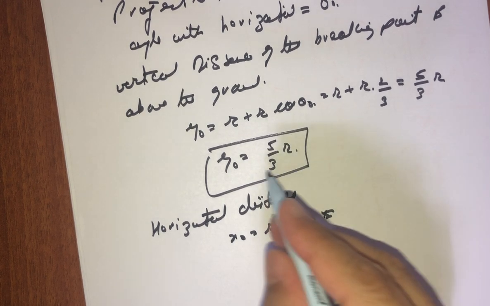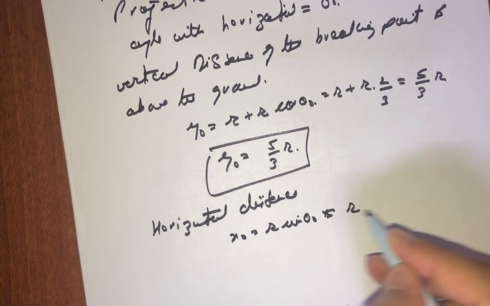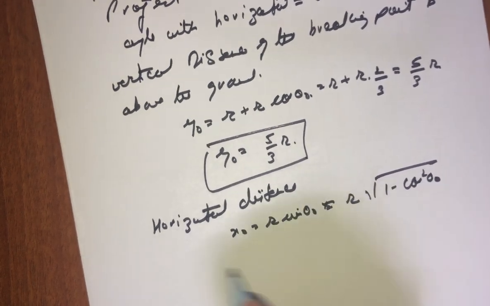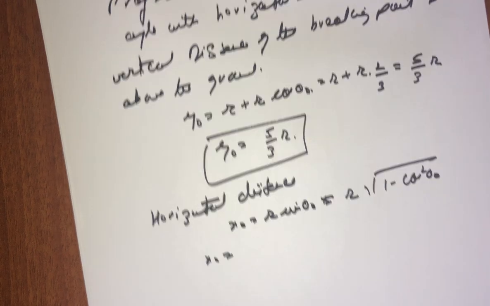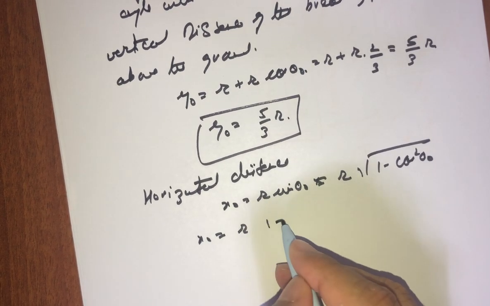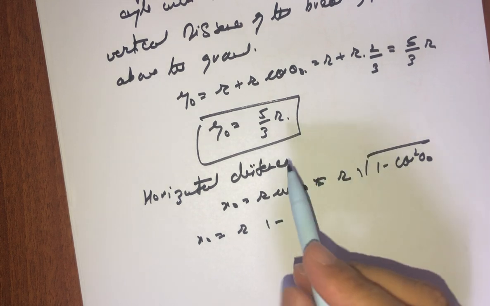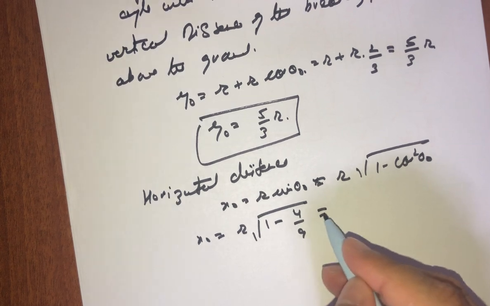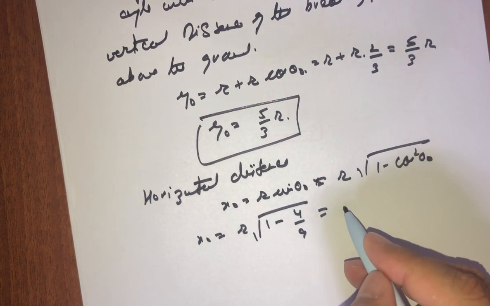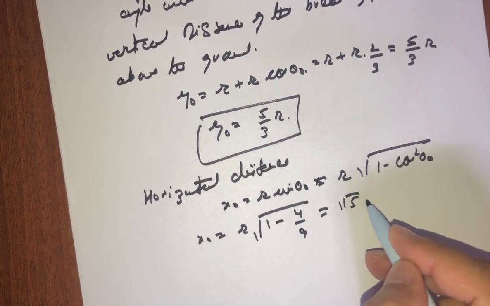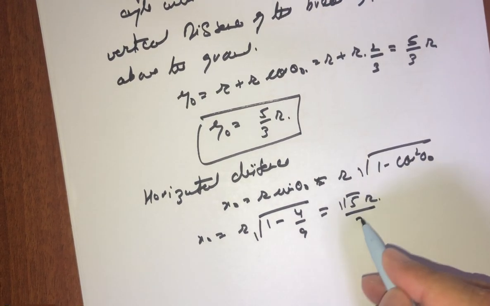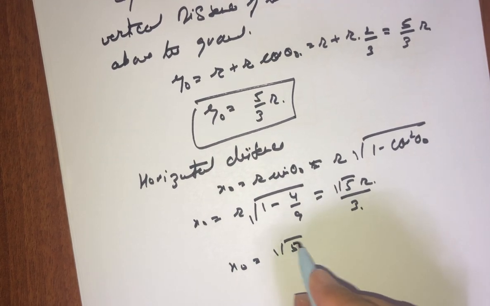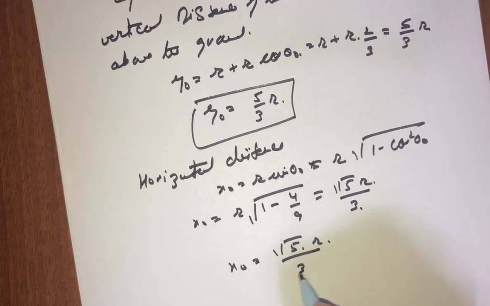Sine of theta naught we can find from cos of theta naught, so we can write this as the square root of 1 minus cos square theta naught. So x naught will be equal to r times the square root of 1 minus (2/3) squared, which is 5 by 9 under the root. This will be equal to root 5 r divided by 3. So we can say that x naught is equal to square root of 5 multiplied by r divided by 3.